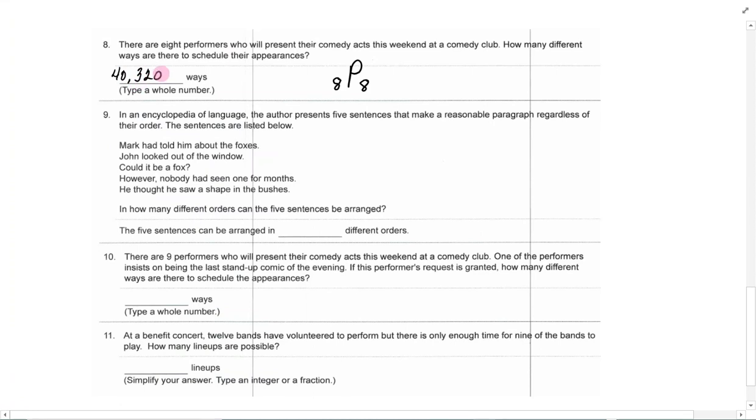We could have, if we wanted to, said there are 8 ways to fill the first spot, 7 to fill the second, then 6, then 5, then 4, then 3, then 2, then 1. Use the fundamental counting principle, multiply those out, and we get the same thing.